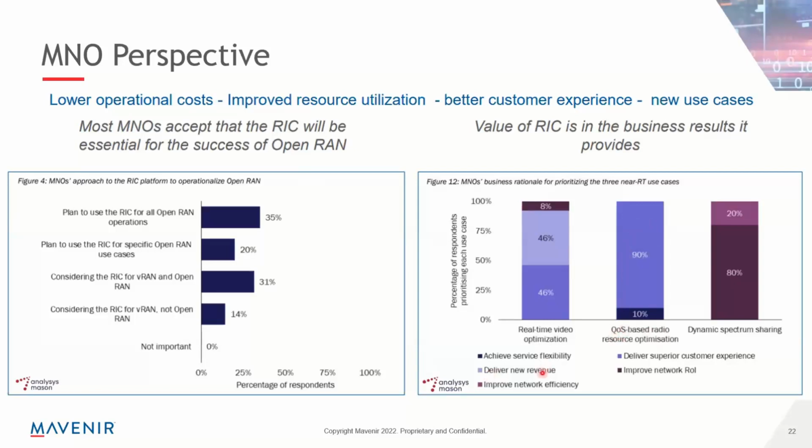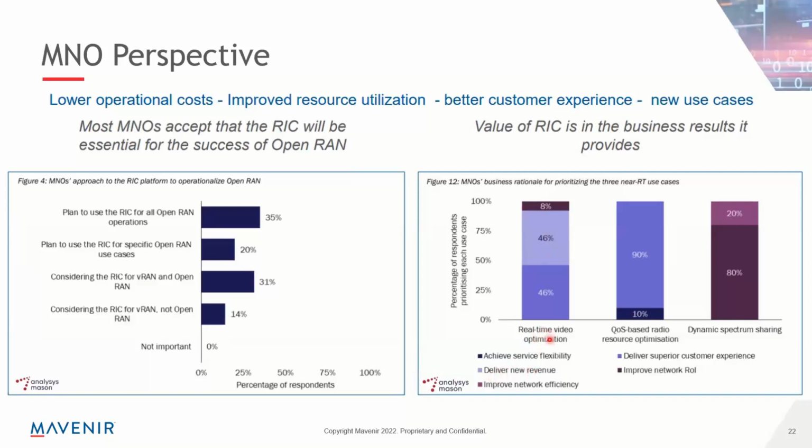You can see the different colors indicate different thinking about what RIC would deliver when we have that functionality. 90% here say it delivers a superior customer experience. So that's where the key is. And for the previous one that I forgot to mention, 46% think this will give new revenues.